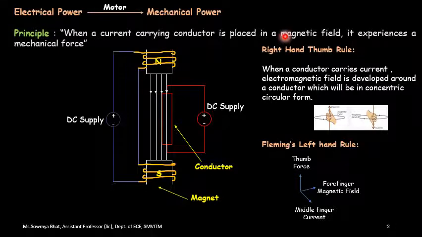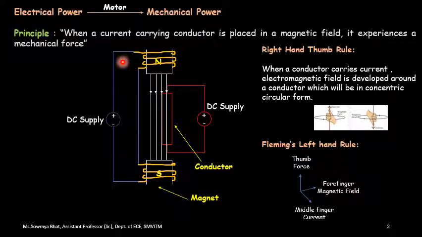In order to produce a magnetic field, or to generate an electromagnetic field, I have made use of an electromagnet over here. So you can see the North Pole as well as the South Pole. I have made use of an iron core and wound copper wire on top of that, which is called a field winding. Whenever you excite this field winding with a DC supply, obviously there is a flow of current over here.